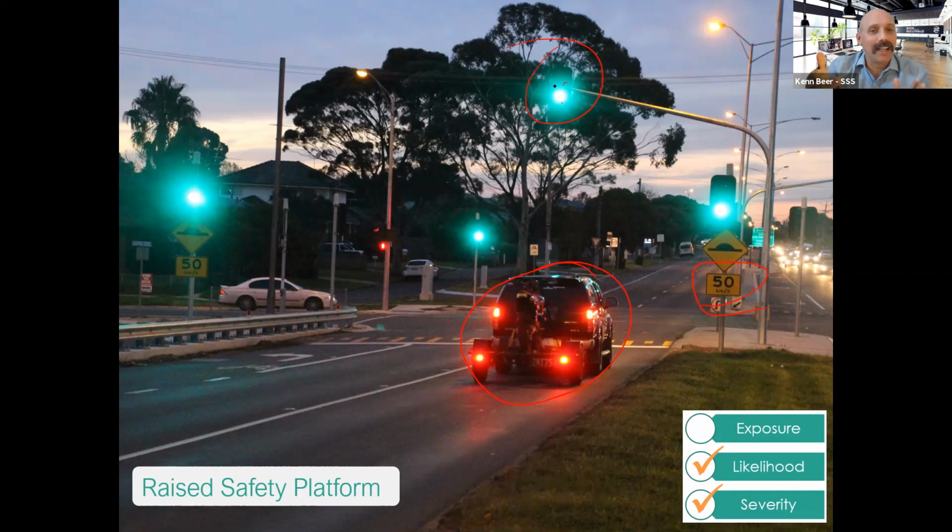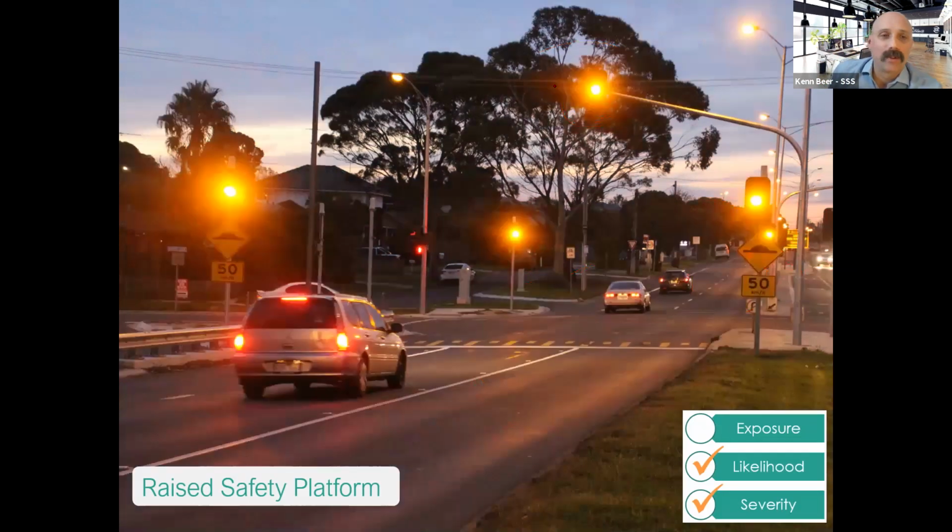And what this does is it narrows the dilemma zone significantly, because the majority of people in what used to be a dilemma zone stop because they know they have this platform to go. So we get all these compounding benefits of this sort of treatment. And that's sort of the dilemma zone there.